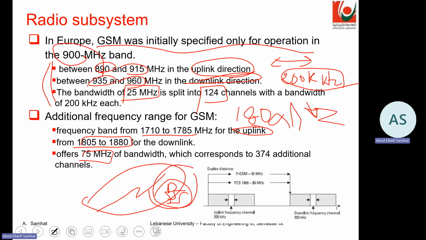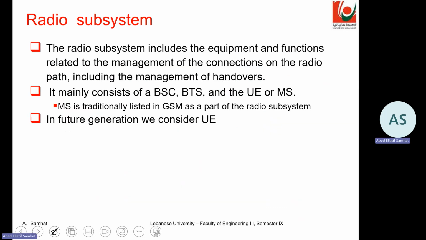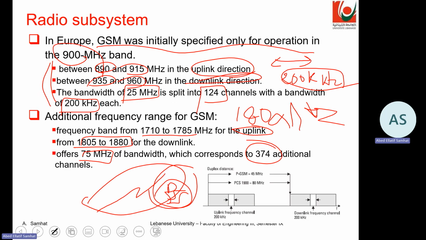If we divide it over 200 kilohertz, we obtain around 374 additional channels. That's why we have more channels with the 1800 megahertz band. Those are the channels that we will use to transmit data, and we will see the radio interface in detail.